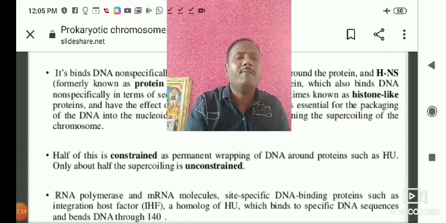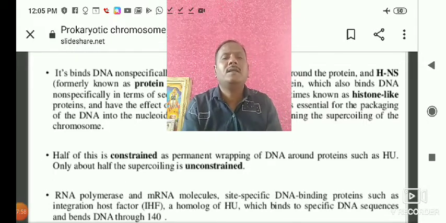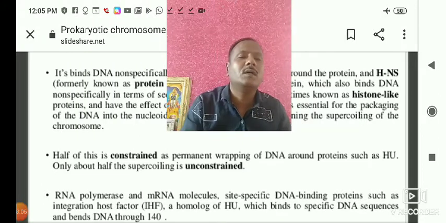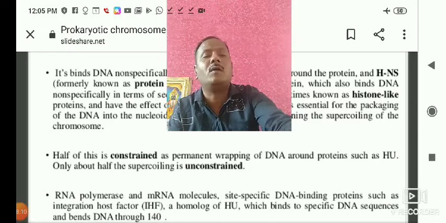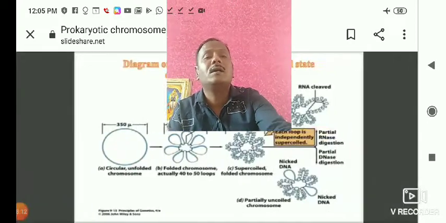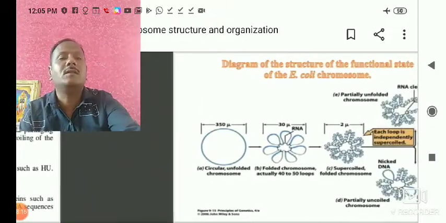And mRNA molecules and site-specific DNA binding proteins such as integration host factor or homologous HU bind to specific DNA sequences and bend DNA. It means a number of proteins, enzymes and molecules bind, because it is generally based on the specific sequence.